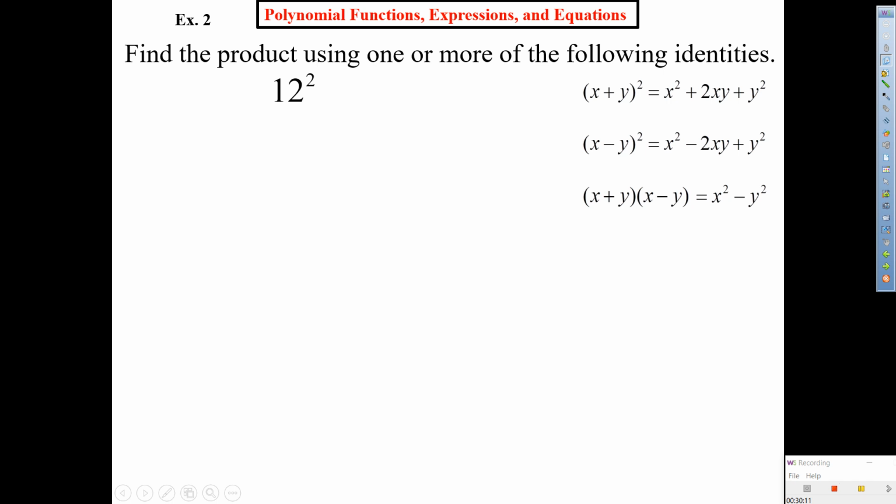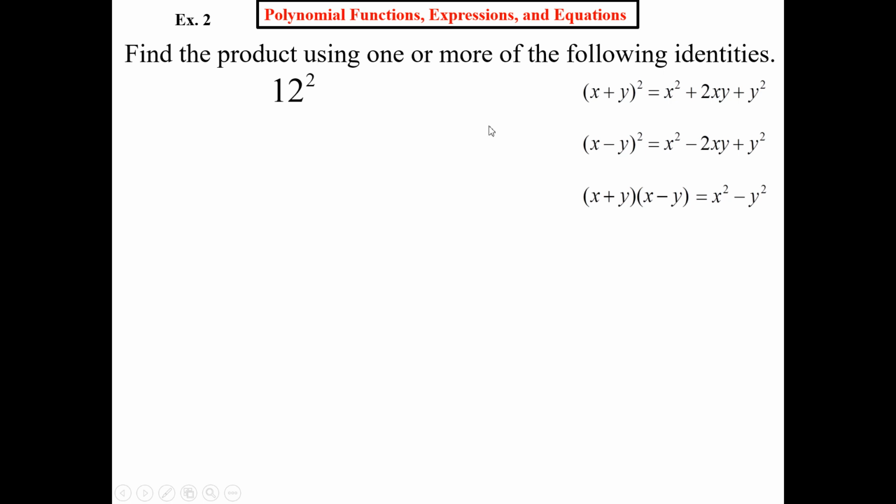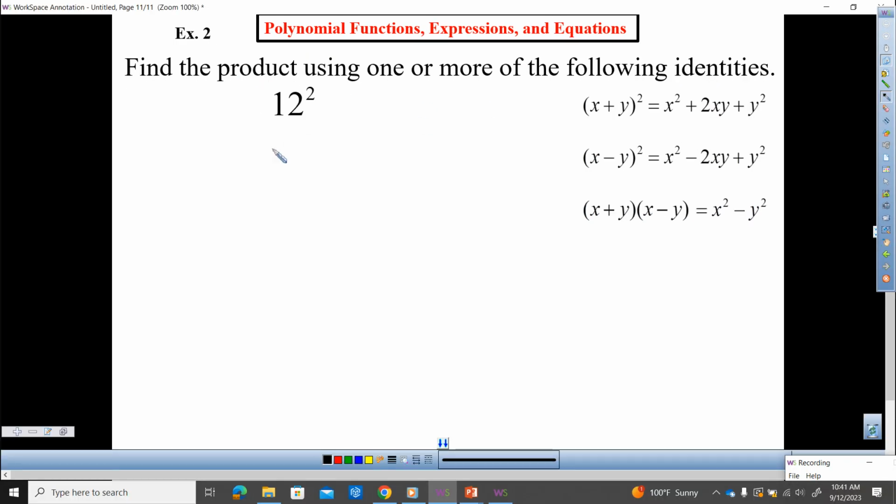Here goes the process. Let's do it together. First step is we're going to rewrite the number as a binomial. So, how do we write 12 as a binomial? Everyone? 10 plus 2. And then we write it squared. Do we know what to do from there?